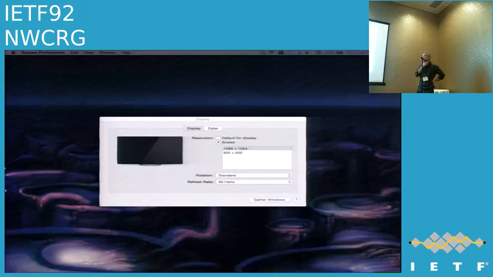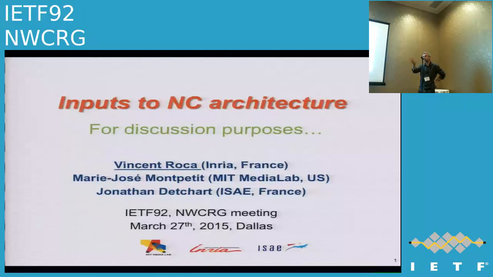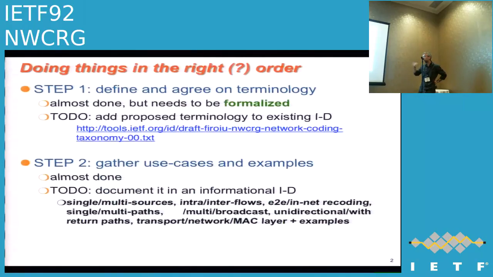Okay, I just have a few slides, very quickly. Let's continue with the architectural discussion. We already discussed some of it, and what we are proposing is in line with what Morten, for instance, already said. We have to order the work to do. I think the first and easiest part is to finish this taxonomy, terminology document.